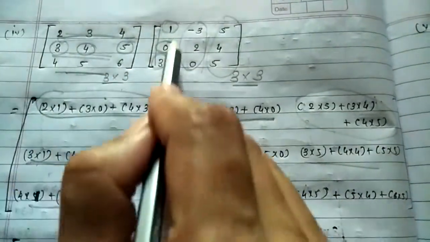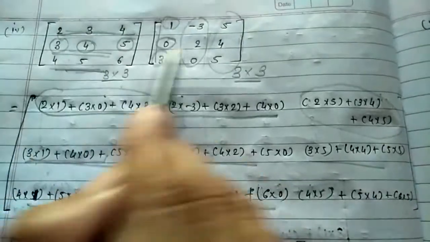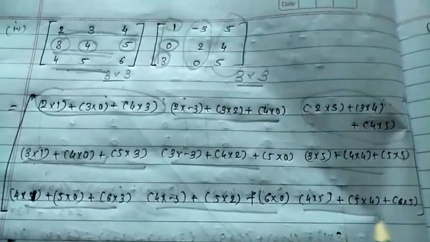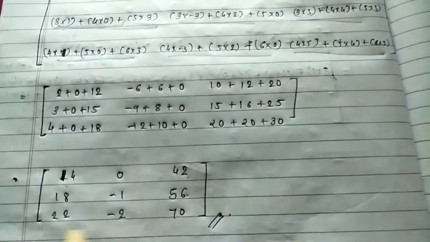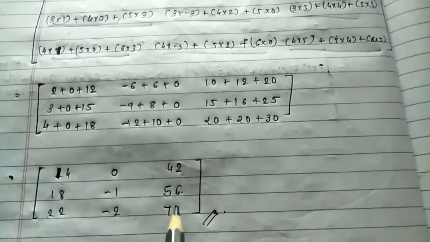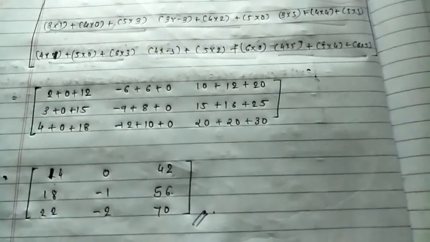Third row and the second column. So here. And third row and the third column. Okay students, so this is the multiplication. You just apply the multiplication and here your answer is 14, 0, 42, 18 minus 1, 56, 22 minus 2 and 70. I hope now you are really clear with the multiplication.